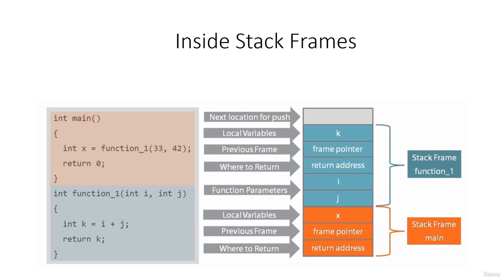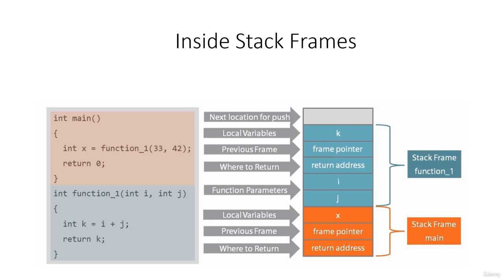When the main function calls function 1, a new stack frame for function 1 is created to store the two function parameter variables and the address in main where the call of function 1 will return to, and the memory address of the beginning of the previous stack frame.